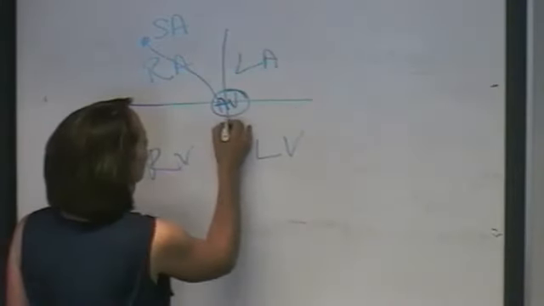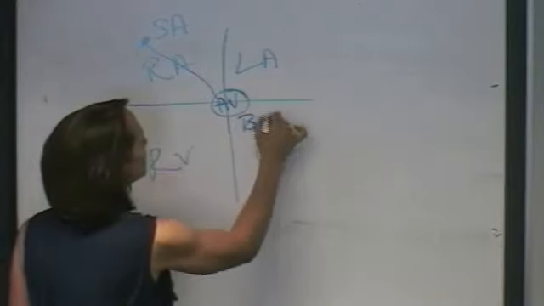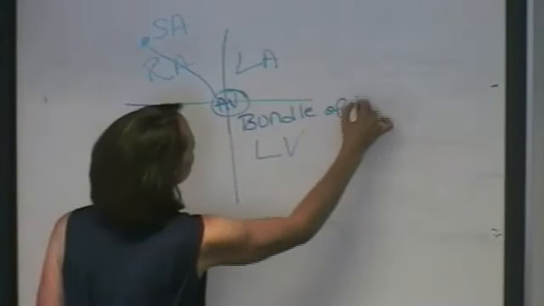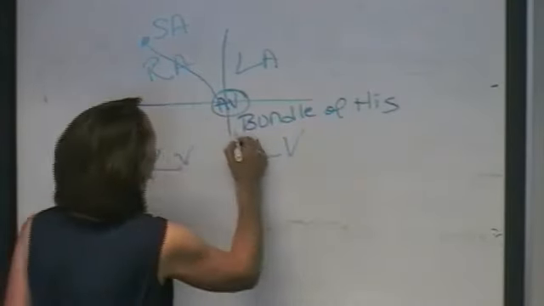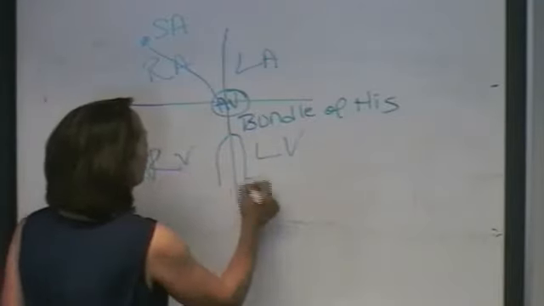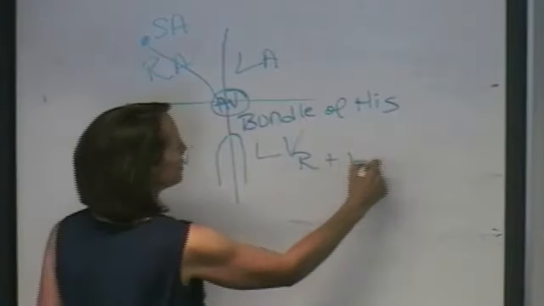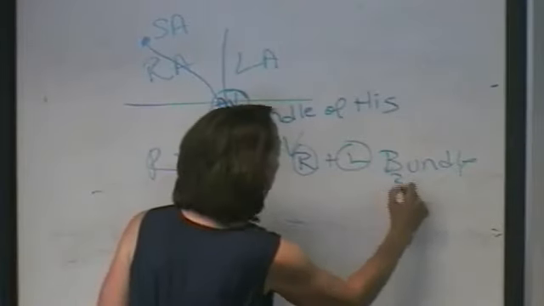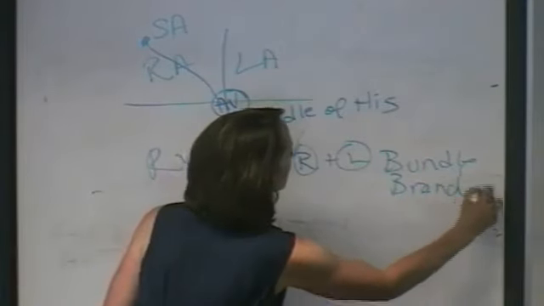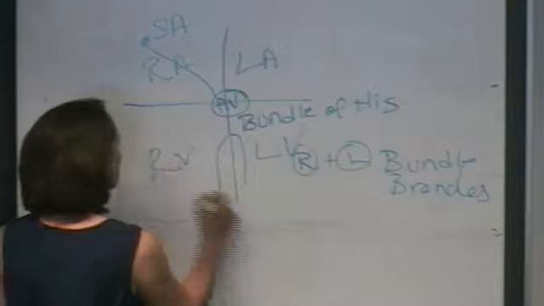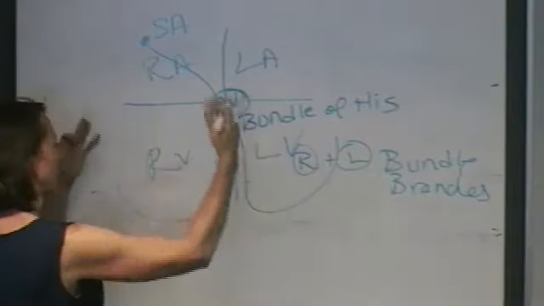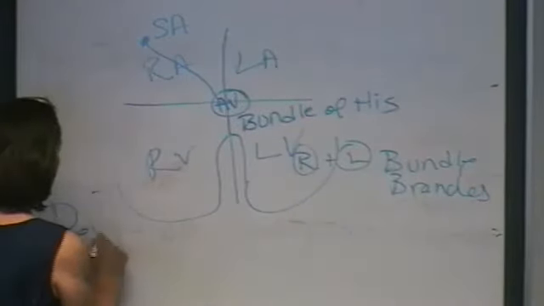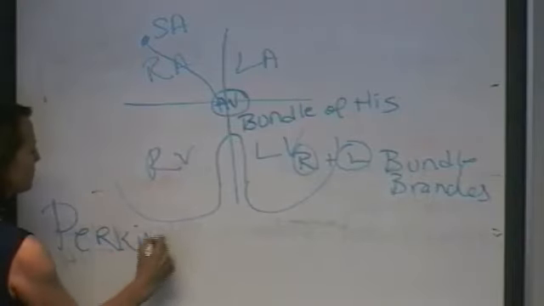Then we've got bundle of His. Right and left bundle branches. And then these bundle branches sort of swoop back up the sides of the ventricle in what are called Purkinje fibers.